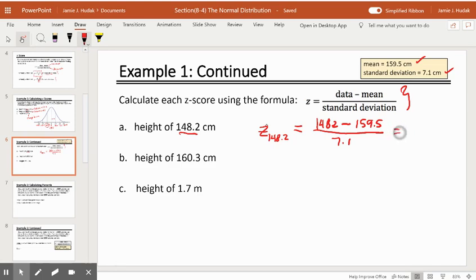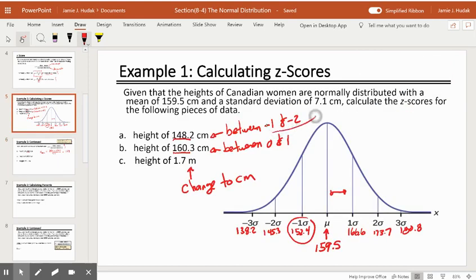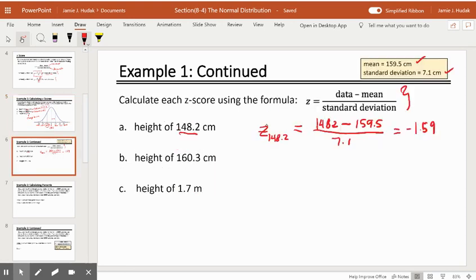And that's going to equal negative 1.59. And if we go back, I said it would be between negative 1 and negative 2. Negative 1.59 does fall in between there.